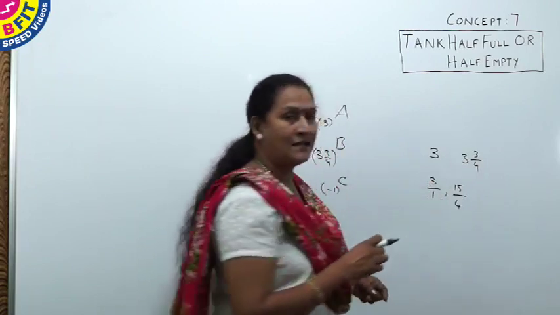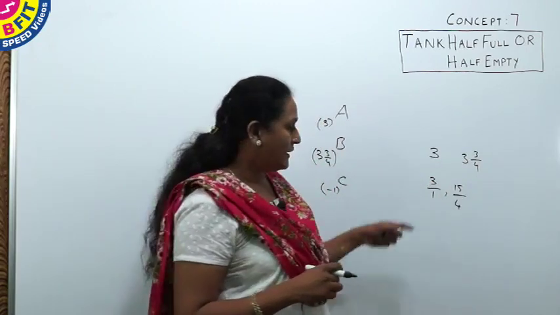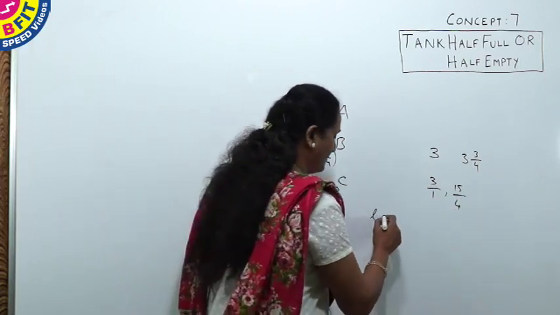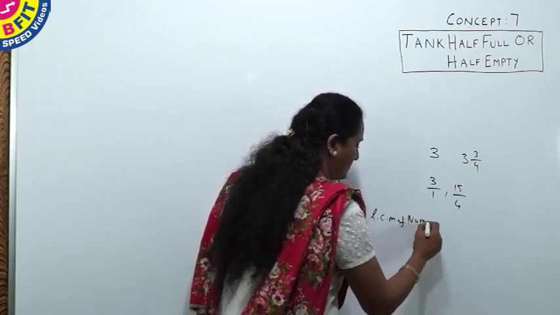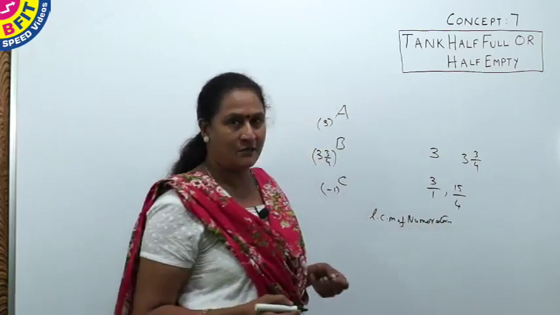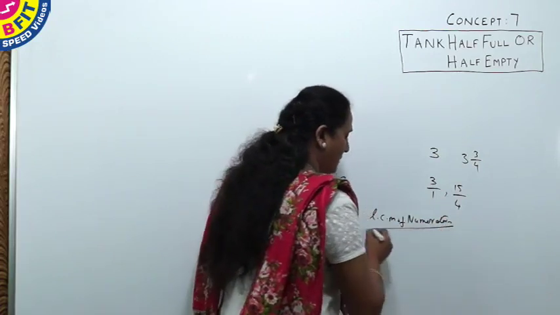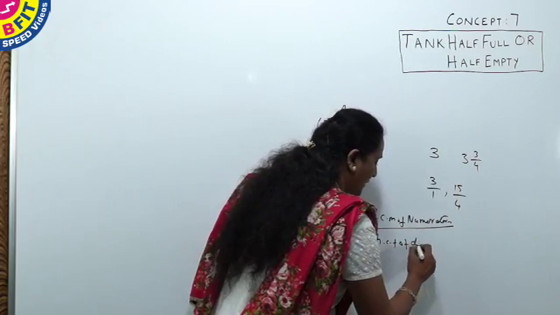So how to find the LCM for fractions? To find the LCM of fractions, take the LCM of the numerators divided by the HCF of denominators.